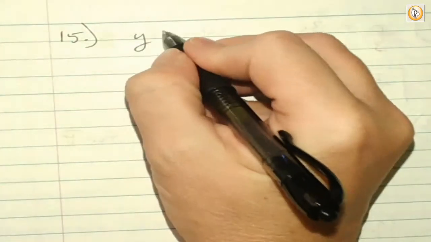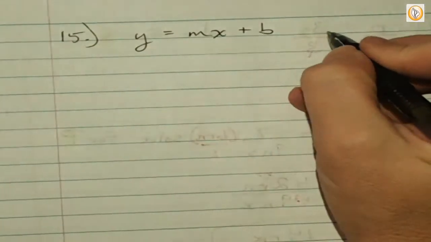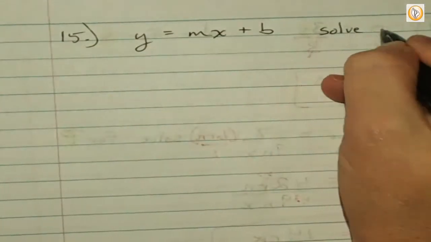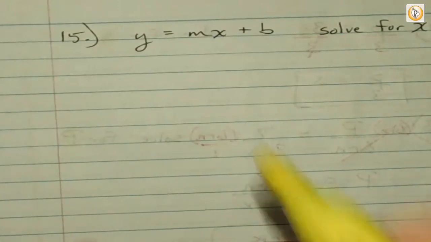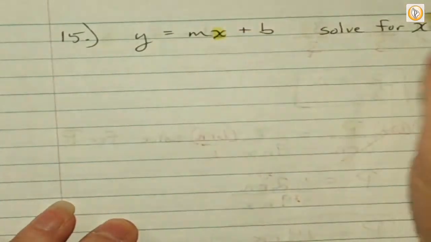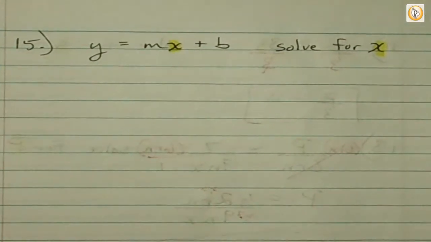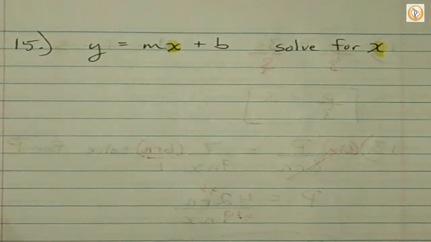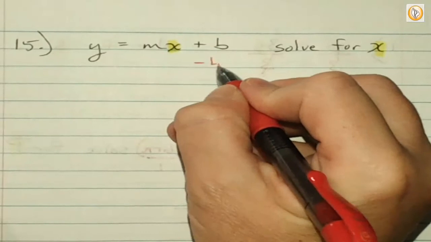This time I have y equals mx plus b, but we're solving for x. Aiden, you want to try this? We're going to subtract b first, correct?